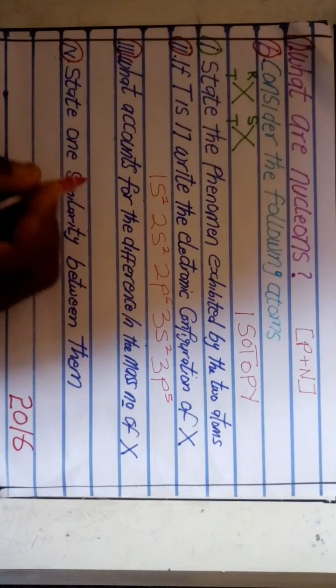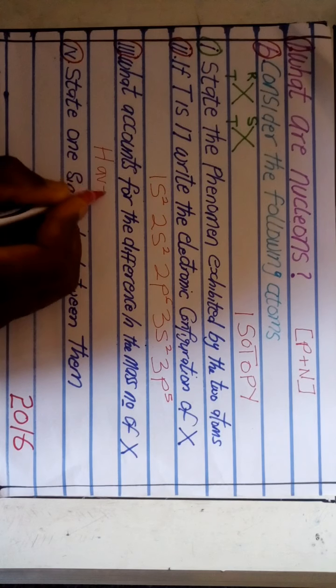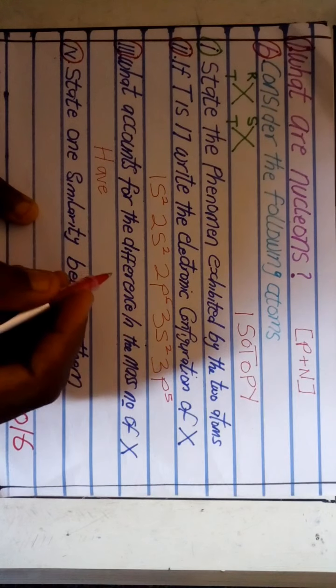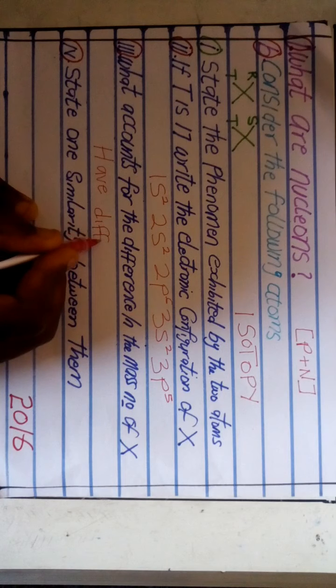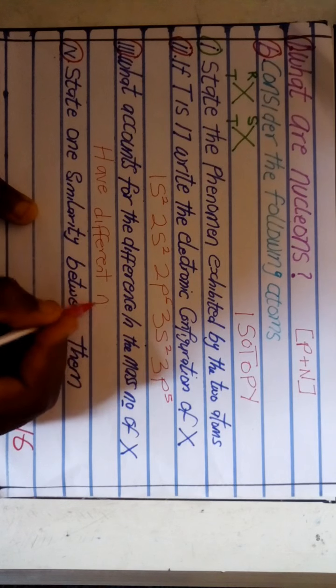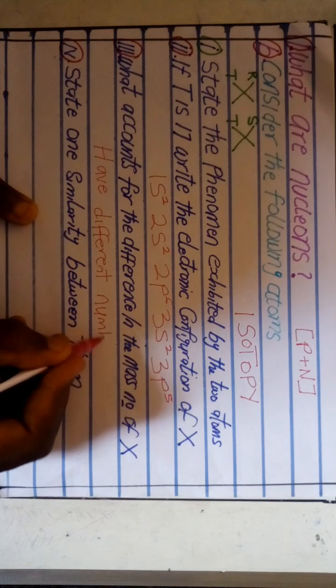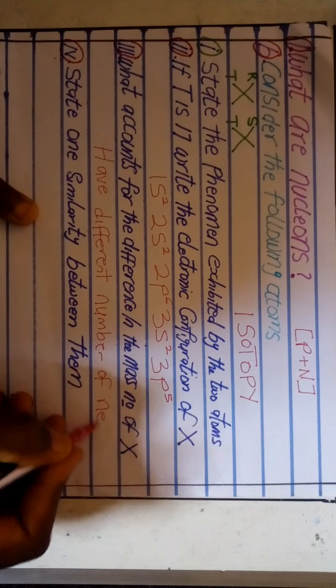So you can say they have different numbers of neutrons.